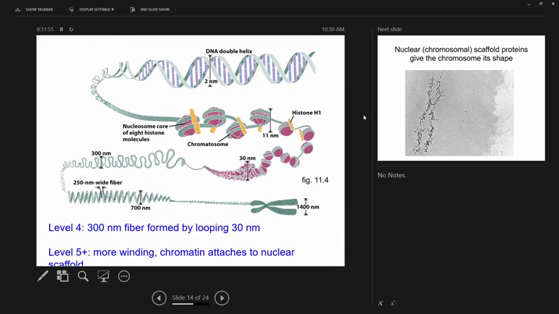Adding H1 makes it go from the 10 nanometer up to the 30 nanometer. That winding it more tightly is what makes it want to go into that structure. And then you have interactions with other proteins that eventually get you up to the chromosome structures that you see at metaphase.